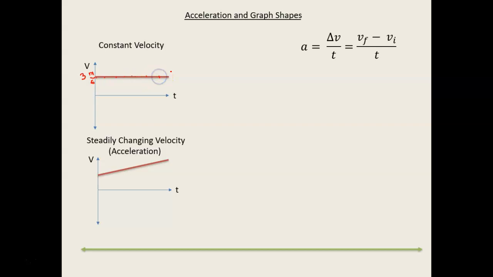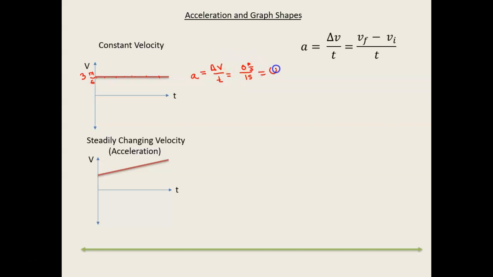So we would say the amount of velocity that's changing each second is 0. So we would say the acceleration, which is our change in velocity over time. Well, each second, let's say 1 second of time, we had 0 change in velocity. Our speed did not change at all.